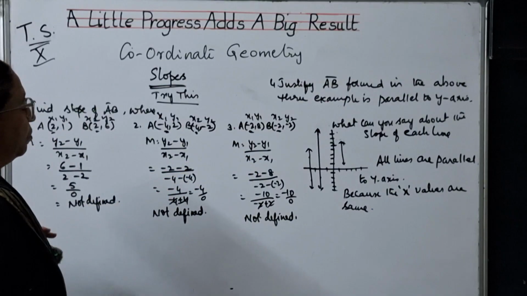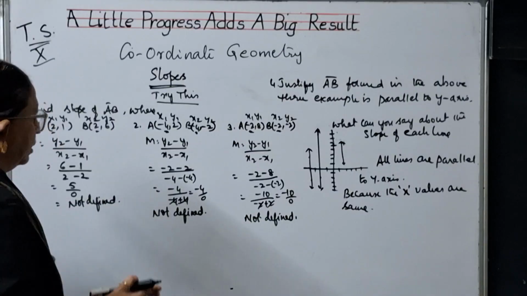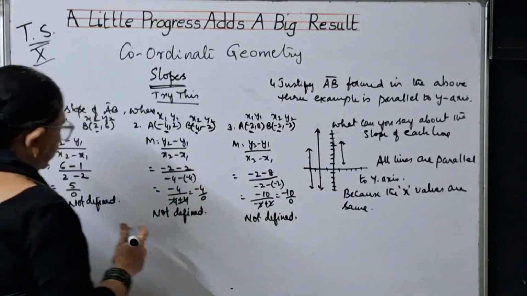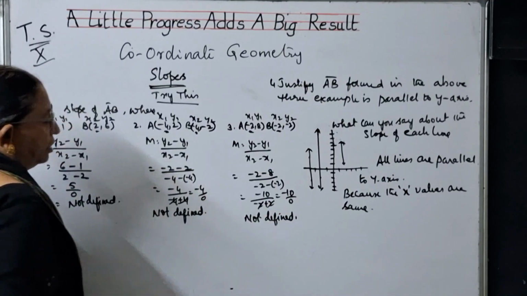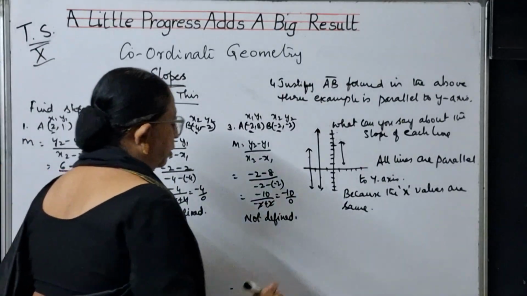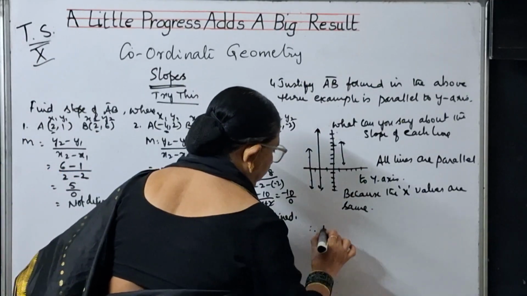So that means, what is the formula that we are getting? See, in all these cases, when you have found out the slope: not defined, not defined, not defined. So we will be getting a property for the lines.